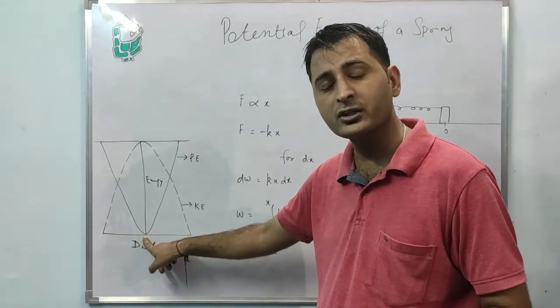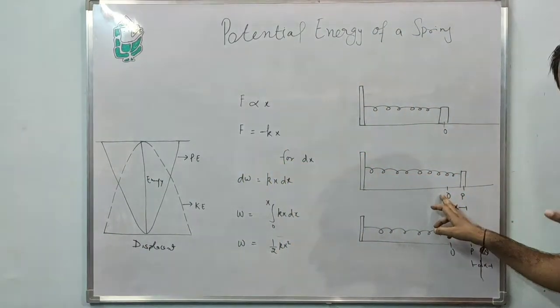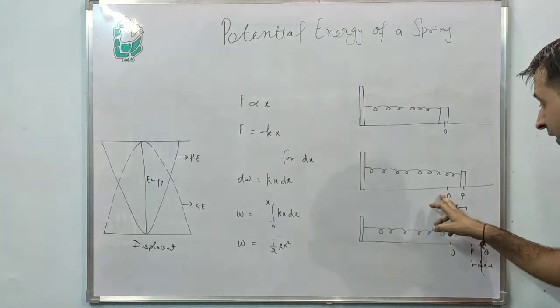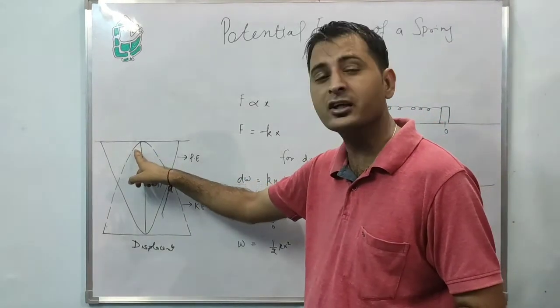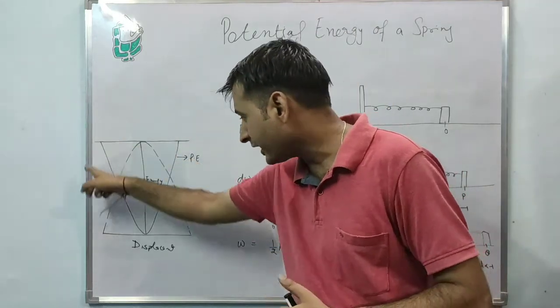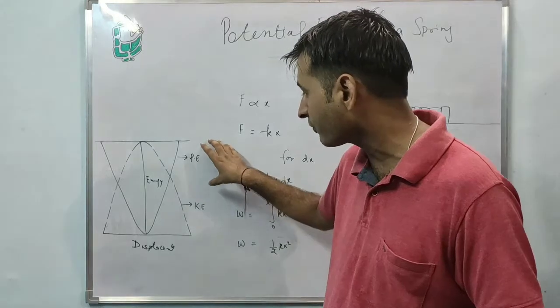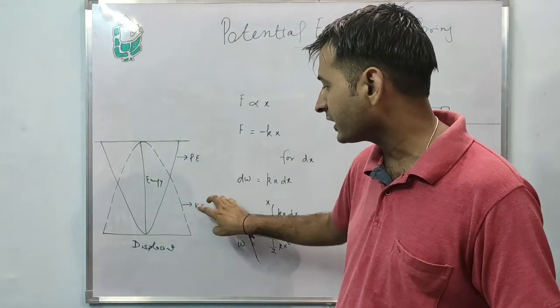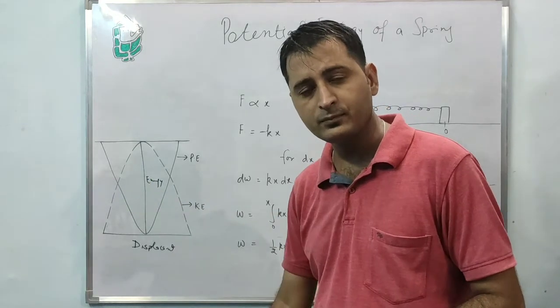But at the same time, the body does not stop here due to its kinetic energy. So it has maximum kinetic energy here. That is maximum. That is the complete basic description of the plot of potential energy and kinetic energy between displacement and energy.